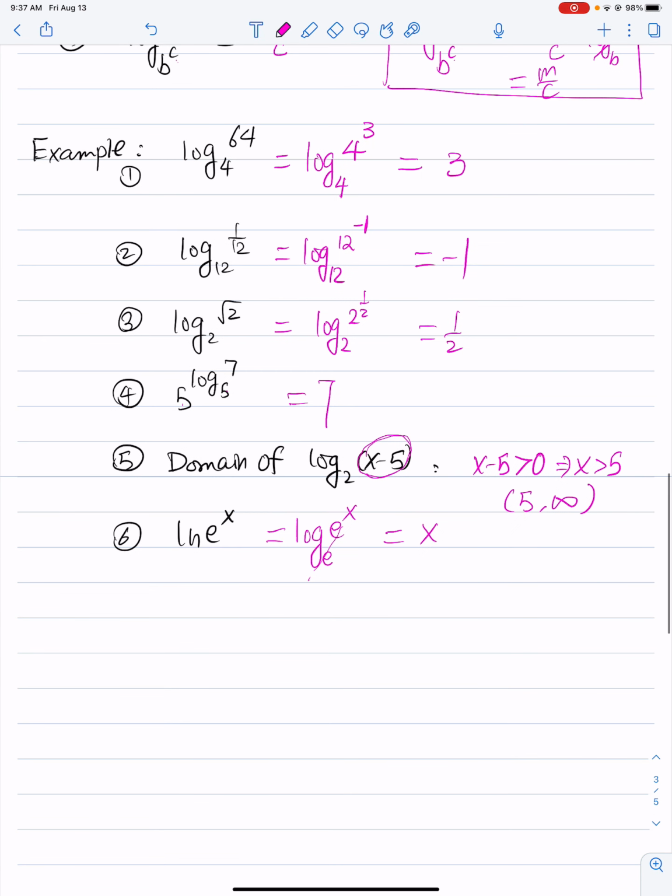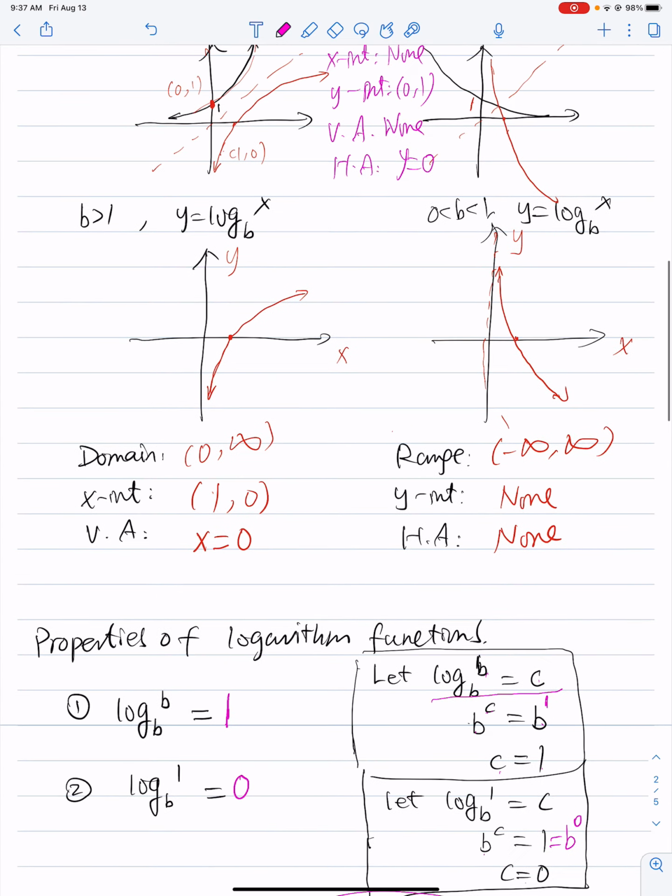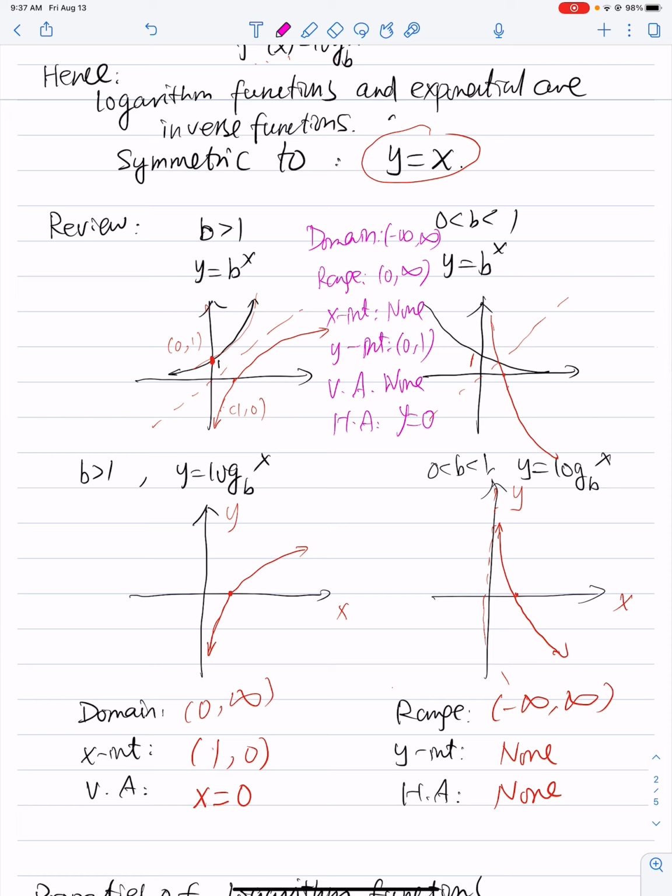Okay, so these are the basic rules of the logarithm functions. So remember, logarithm functions and exponential functions, they are inverses. So they are symmetric about y equal to x. You just exchange your x and y coordinates, you will get what? Logarithm functions. Okay.